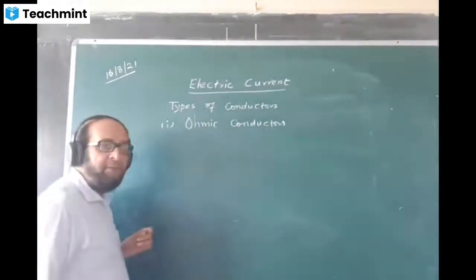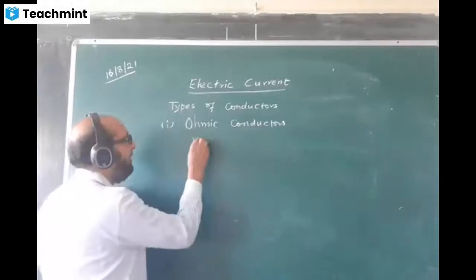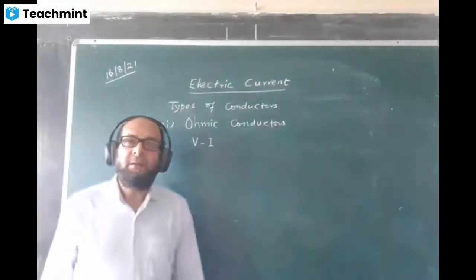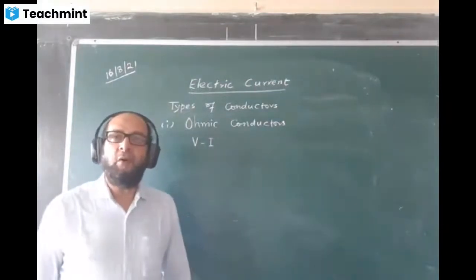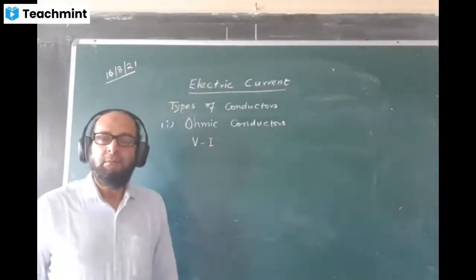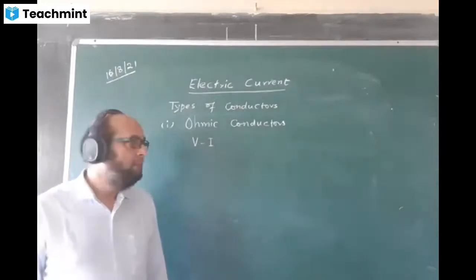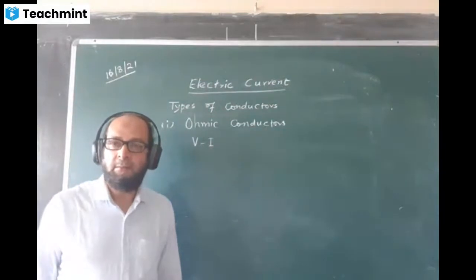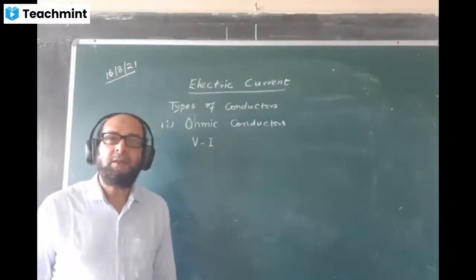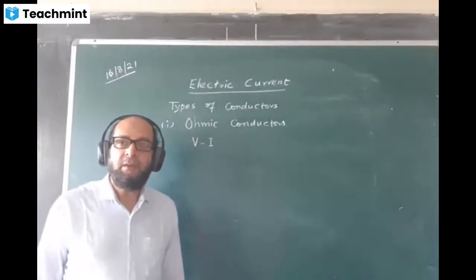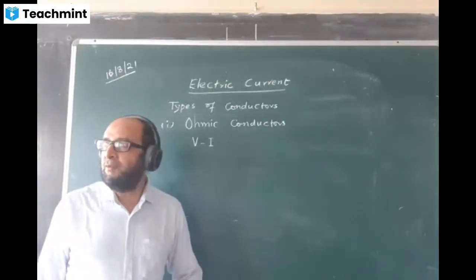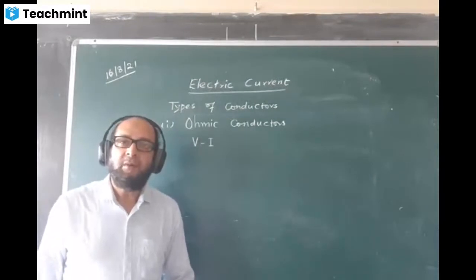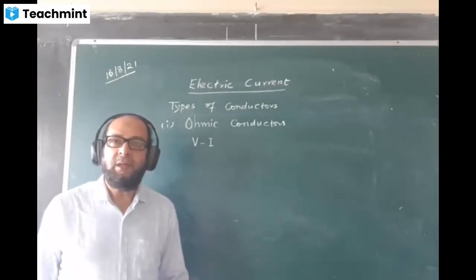Now write down the same line. The VI graph for ohmic conductors can be drawn as follows.